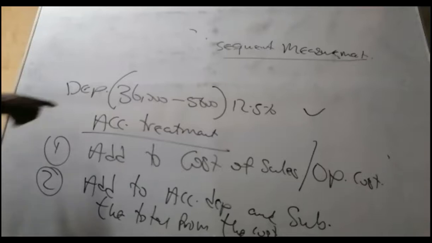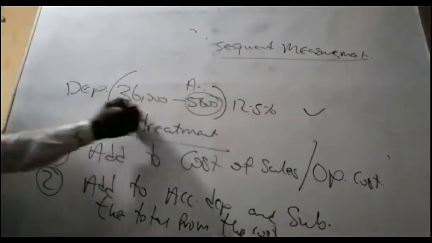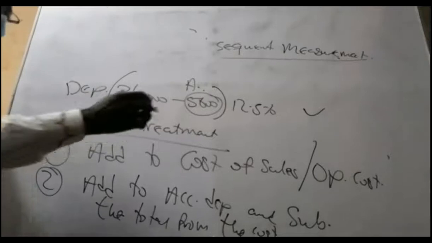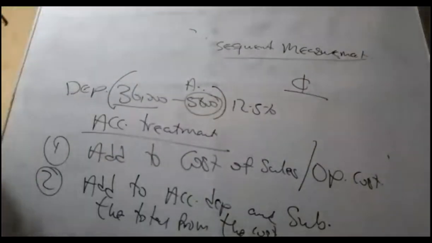So I'll use this question as a trial. This was the accumulated depreciation given to us on the trial balance. This is the cost of the assets. Now, what's the depreciation charge? What will be the answer? So the depreciation charge will be 36,000 less 5,600 times 12.5%.